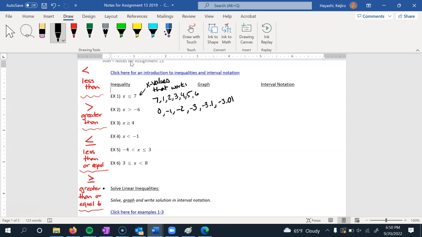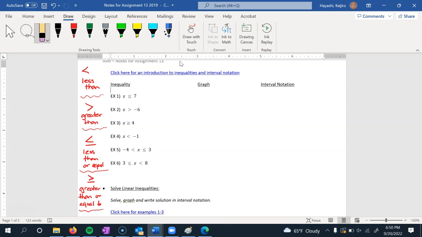And we're going to describe the set of all the numbers that work as an interval, as opposed to a comma-separated list that goes on forever and never ends, just because we don't want to write lists of numbers that never end. You could literally do this forever, and you would still never be done. Okay. So we're going to figure out another way to write all the values that are less than or equal to 7.